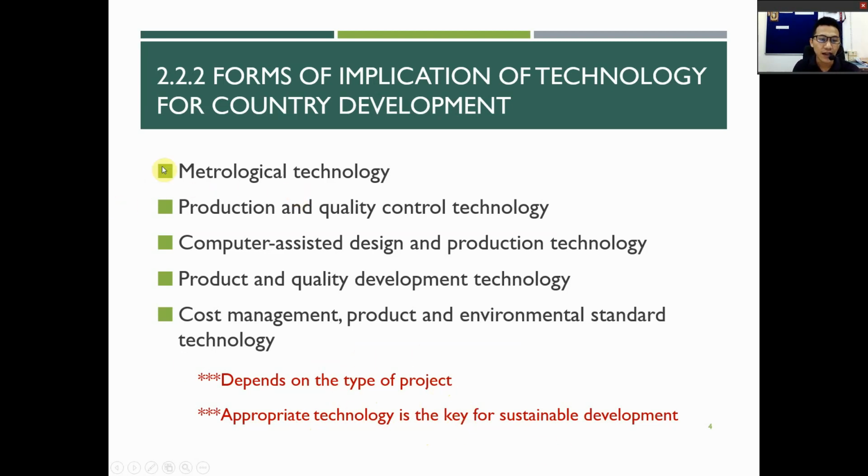It could be something like meteorological technology, production and quality control technology, and computers. That is really important, because in just two or three decades computers have become really advanced and helped other technology boost to a very high level as well. The fourth one is product and quality development technology, and the last one is of course cost management, products, and environmental standard technology.